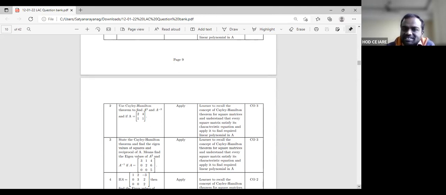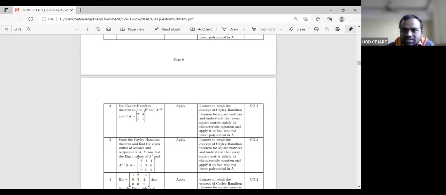Okay, and next third one, state the Cayley-Hamilton theorem and find the eigenvalues and squares and reciprocals of a, mean and eigenvalues of a square and a inverse. So first you state the Cayley-Hamilton theorem. What is the Cayley-Hamilton theorem? Anybody?